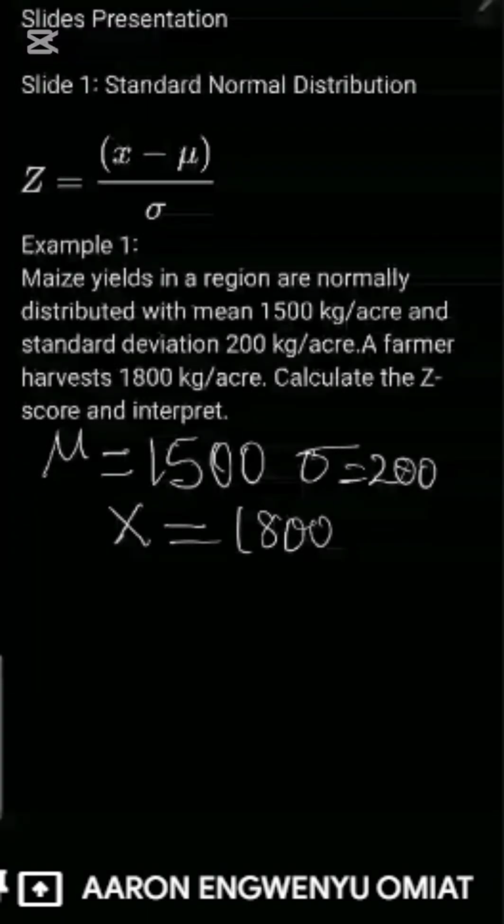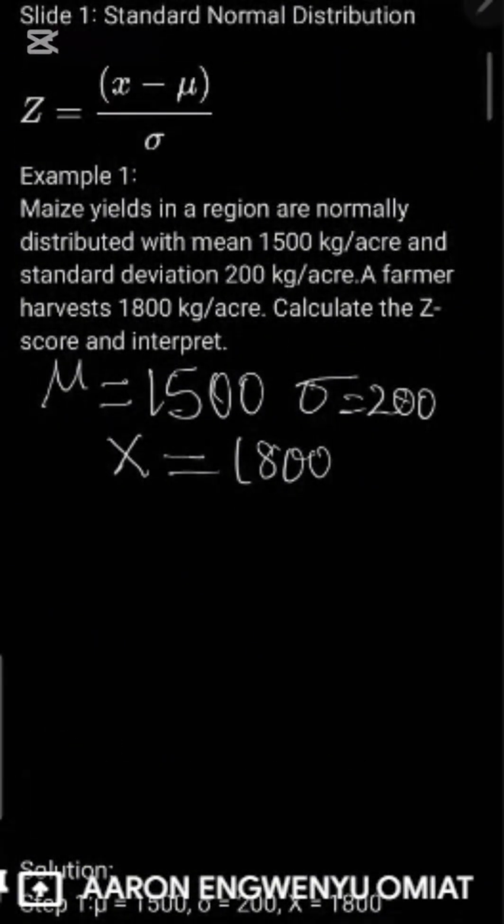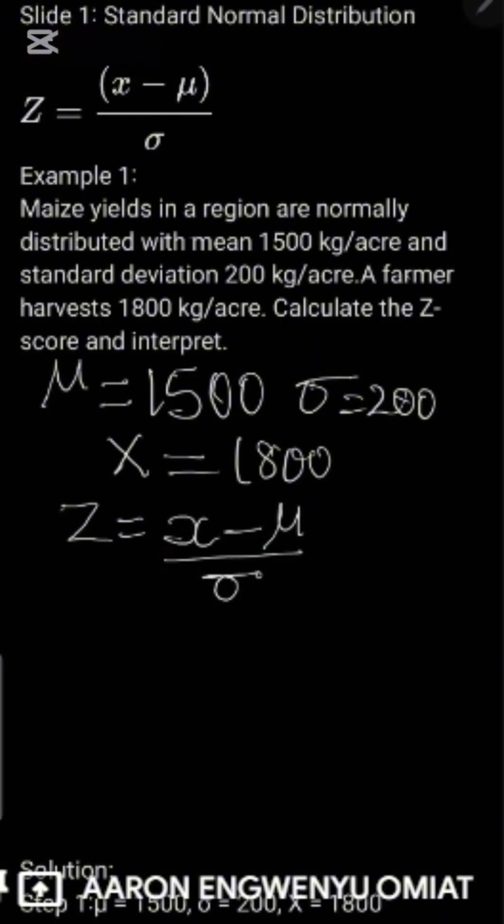So, maize yield in a region, normal distribution, we have the mean, we have the standard deviation, and the X value, and the one we want, the Z score. So, write the formula. Z is simply X minus mean divided by sigma.